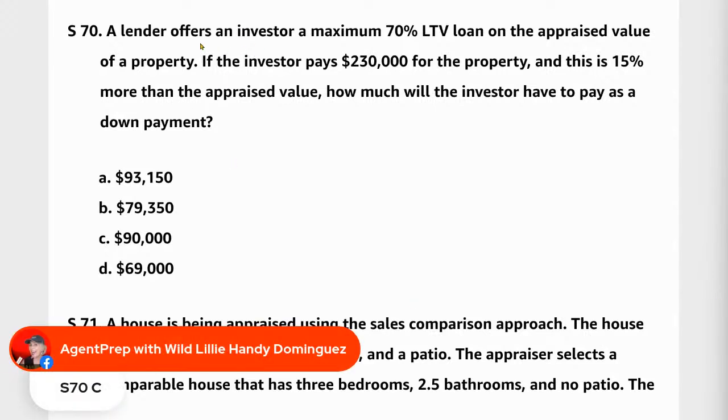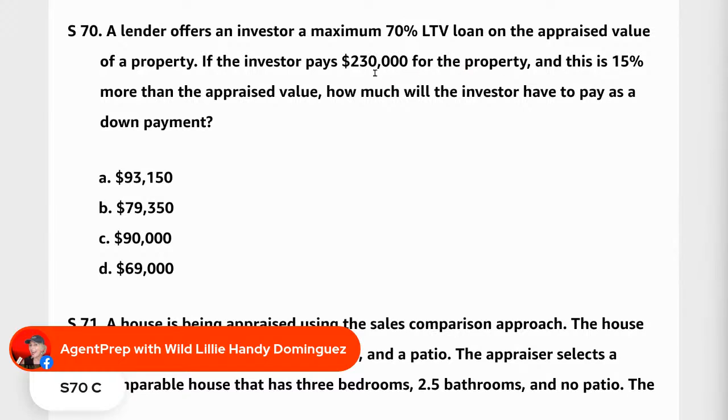The lender offers an investor a maximum 70% loan to value on the appraised value of a property. Now, the investor pays 230 for the property, and that is 15% above the appraised value, so it's 115%. The whole is what we're looking for.